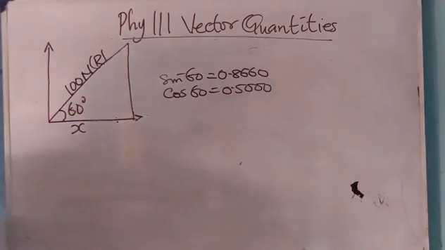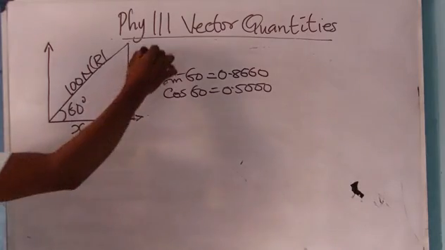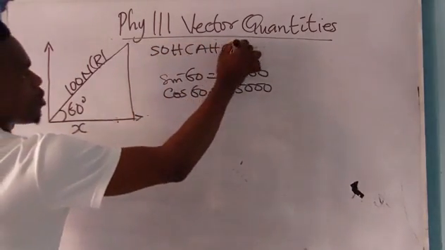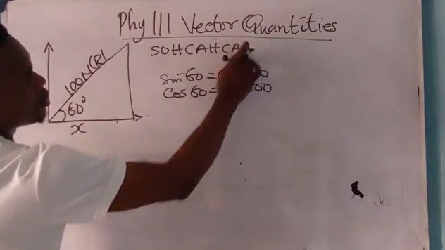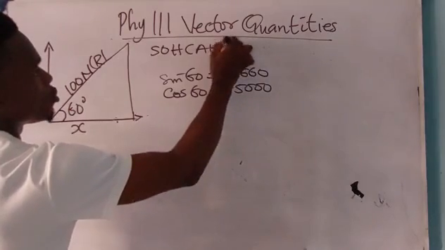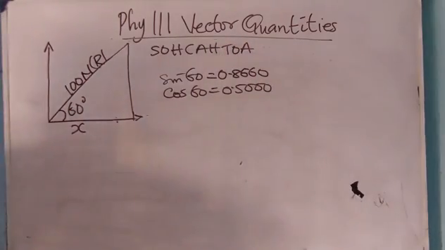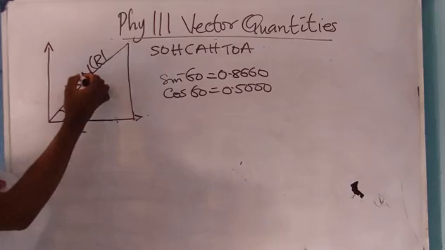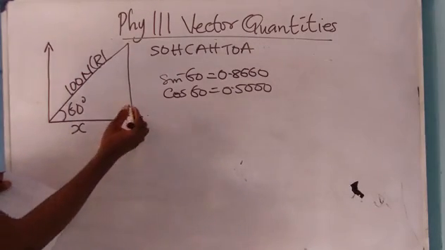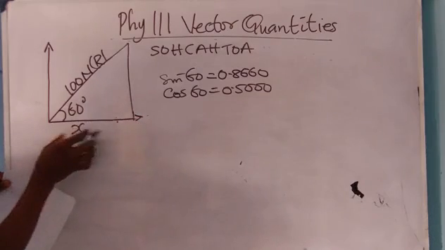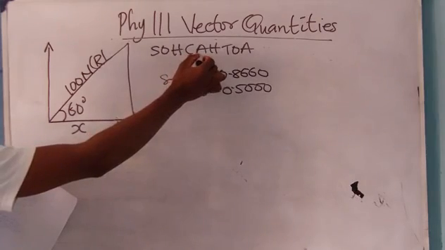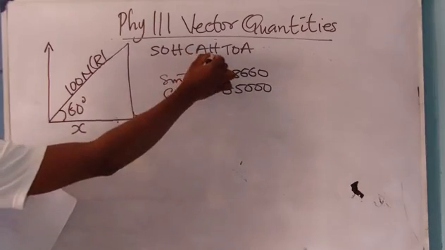Now, they gave us this to know how much we've really understood of vectors. Now, don't forget SOHCAHTOA. Now, looking at what we have, 100 Newton and we have X. And of course, we are using cos x axis, that is adjacent over hypotenuse.